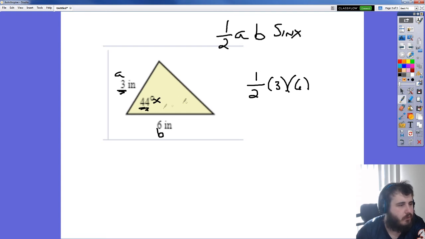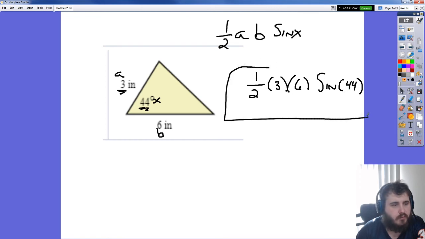X is 44. And then after this, literally all you do is you're going to plug this into the calculator and follow the directions in blue. For this problem, it's going to tell you round to the nearest square inches needed.